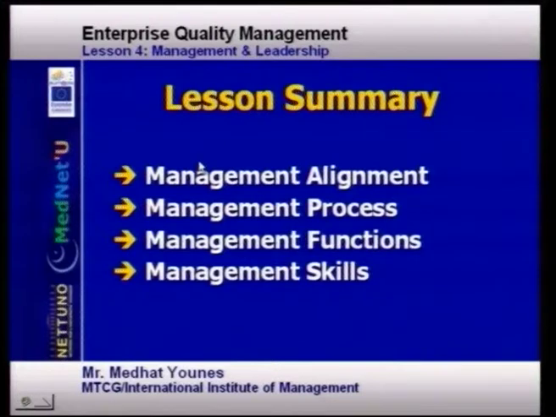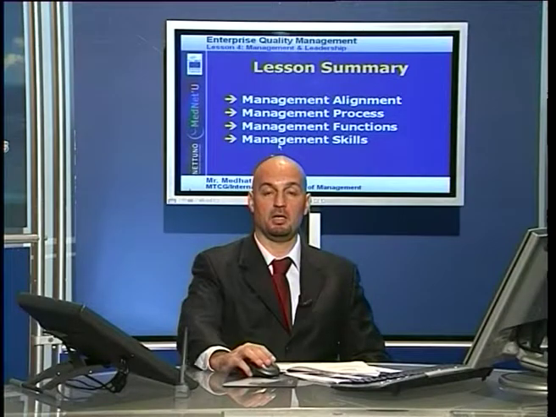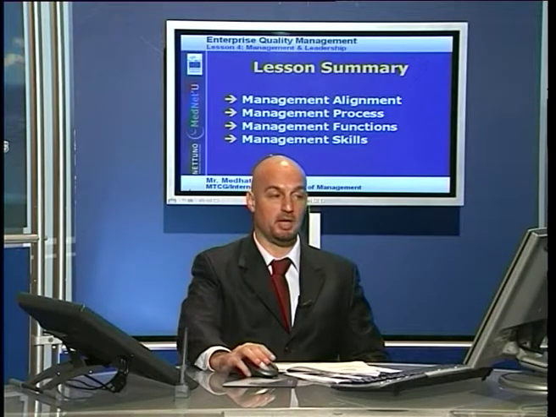We focused more on management alignment, how to align plans and goals within the organization and across different departments. We focused on the management process, and we explored the details of management functions. And finally, we listed critical skills for leadership and management.